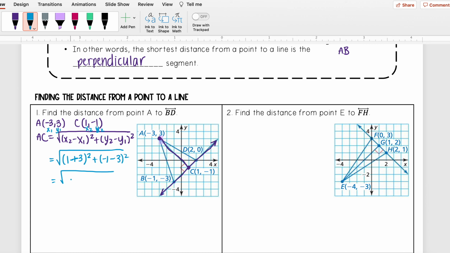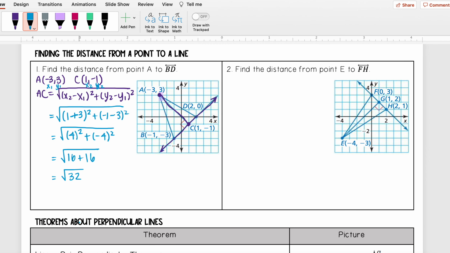Okay, so 1 plus 3, I get 4 squared, plus -1 minus 3, I get -4 squared. 4 squared, I get 16. -4 squared, I get 16. Which is equal to the square root of 32.